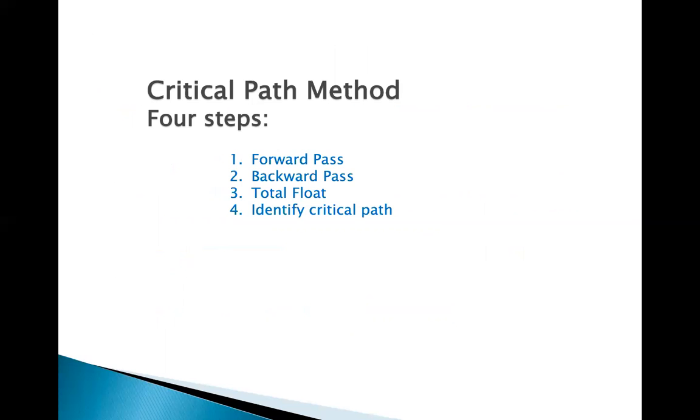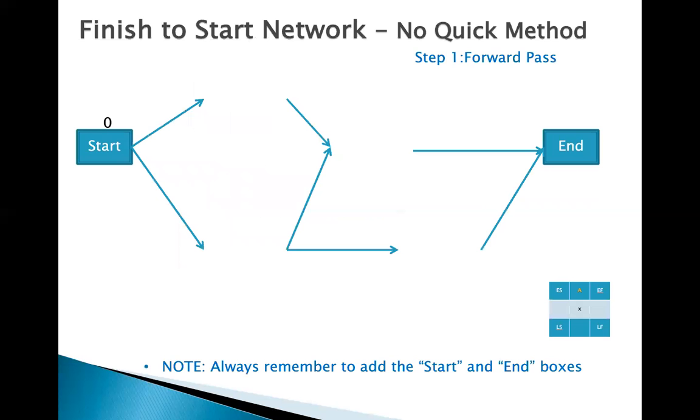Step number 1, forward pass. Step number 2, we need to calculate the backward pass. Step number 3, we need to calculate the total float. And step number 4, which is the objective of this exercise, is to identify the critical path.